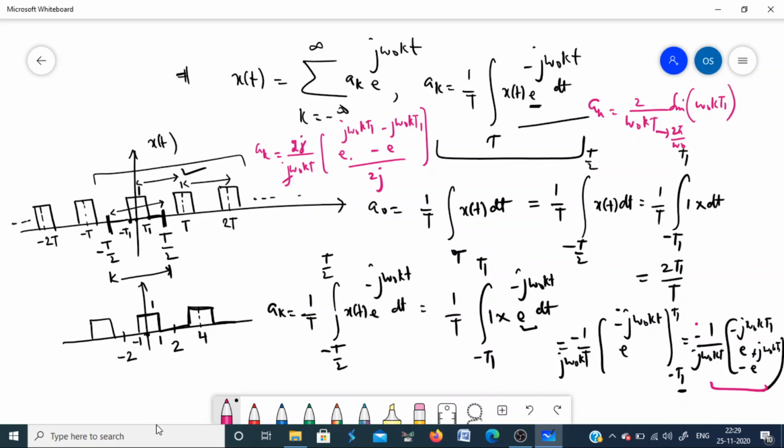So this omega naught will get cancelled, this 2 and this 2 will get cancelled. What you will finally get, sine of omega naught k t1 upon k and pi. This is my ak.